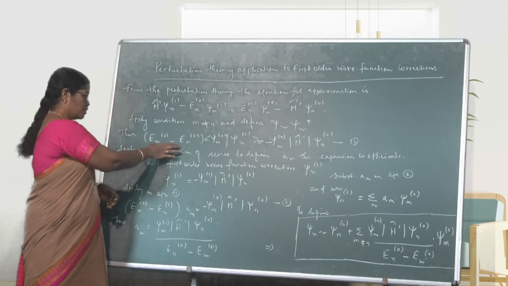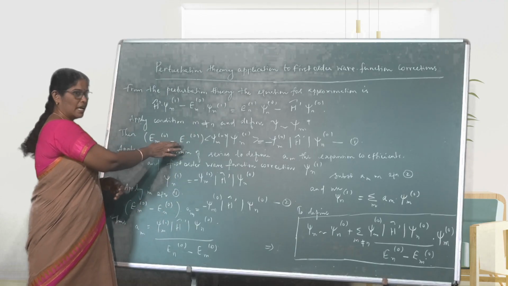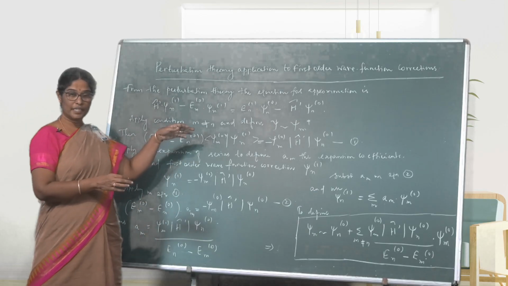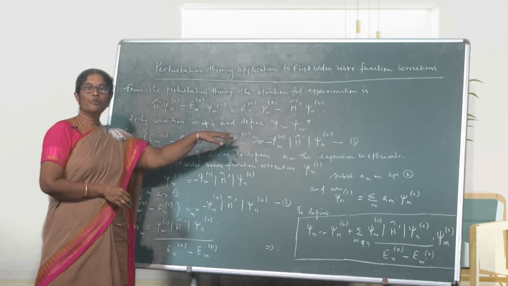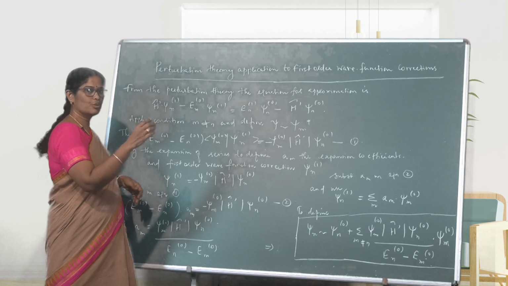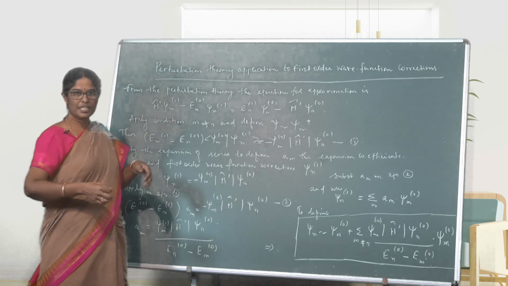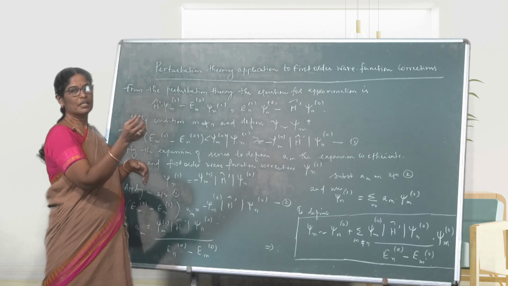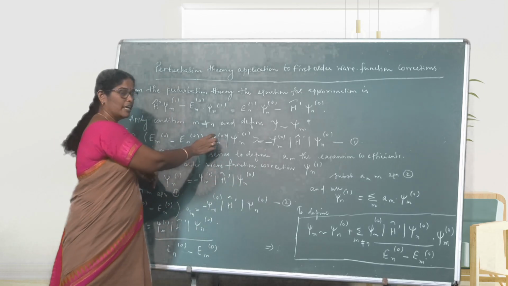Thereby, these terms are not the conjugates, but the product of two wave functions: psi of n, the wave function with the first order corrections, and psi of m of 0.